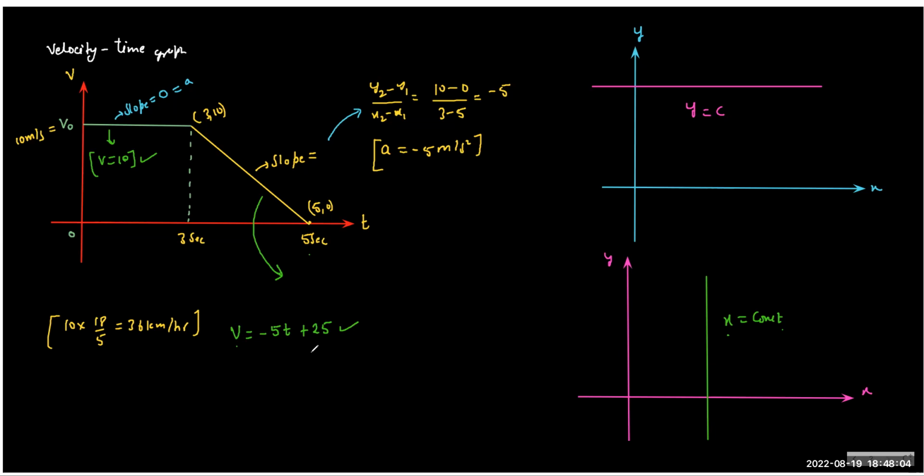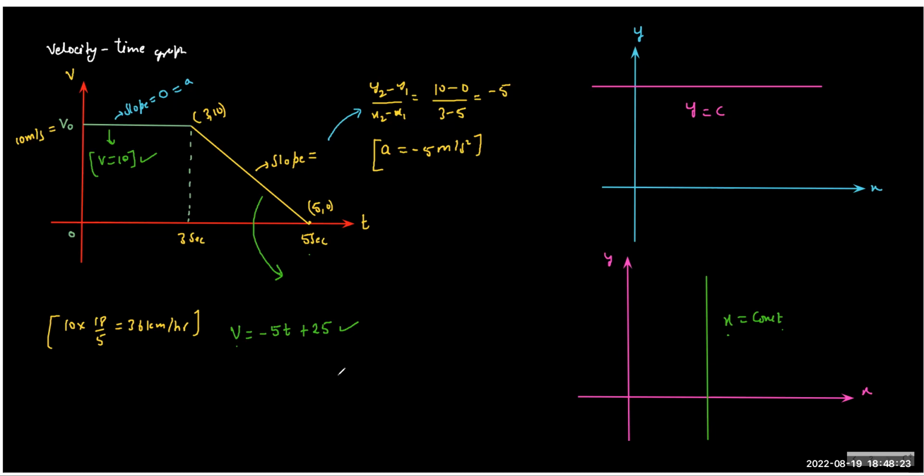Now, what will happen after 5? Now the car has stopped. Technically, in real life, the car is stopped, so it will remain there. But in physics, it's a very interesting situation.